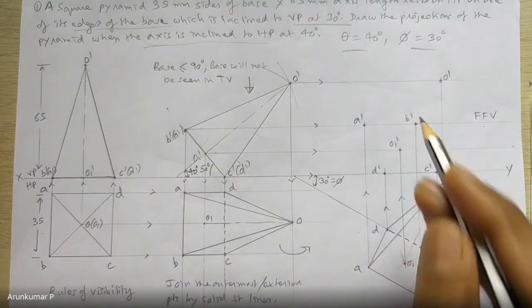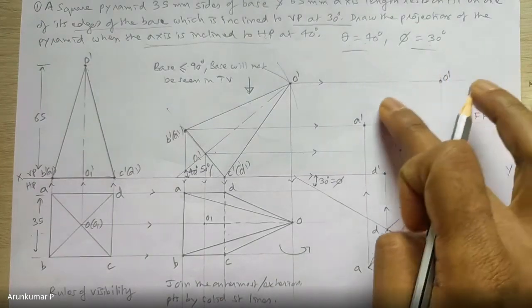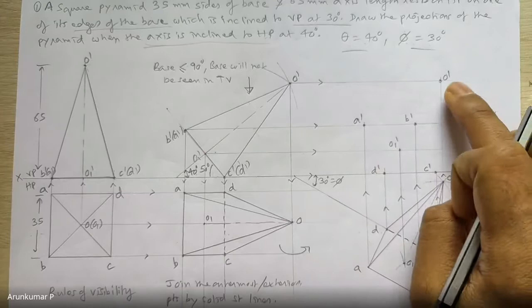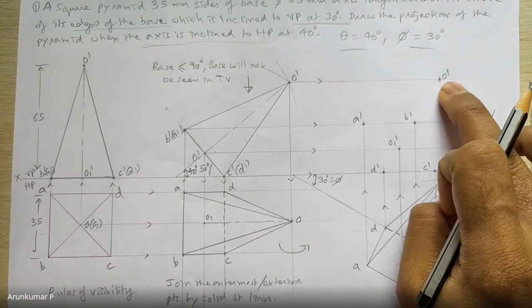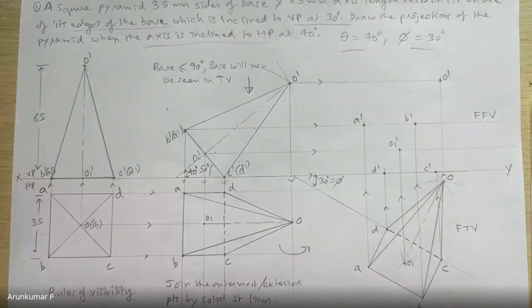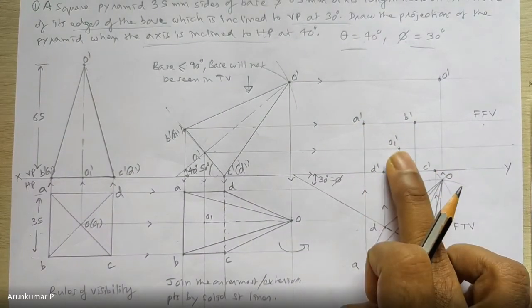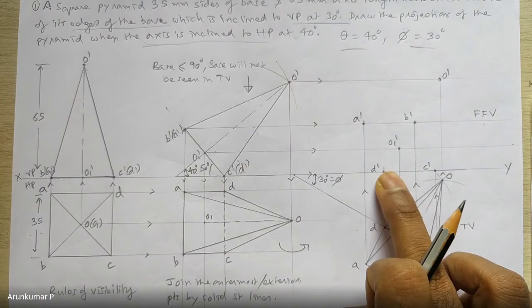So apply this here. Tell me which are the outermost exterior points in this case. O dash, A dash or B dash? Which one? A dash. Yes. Next. O1 dash or D dash?